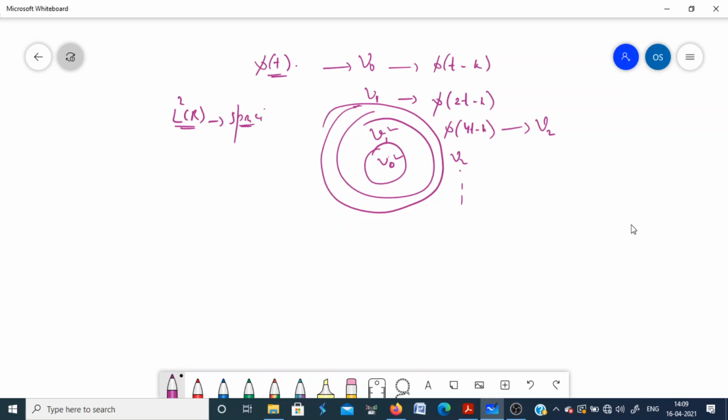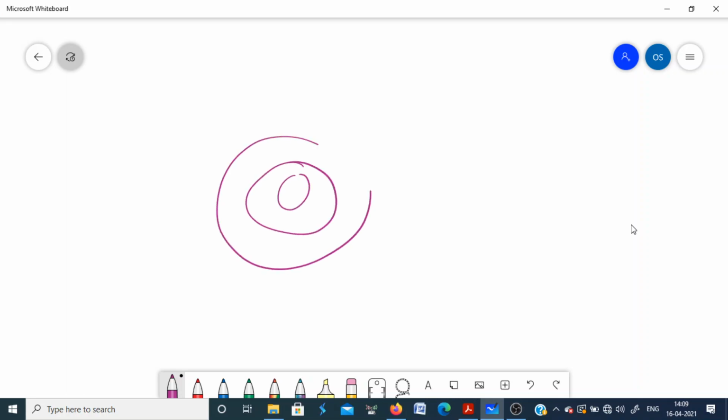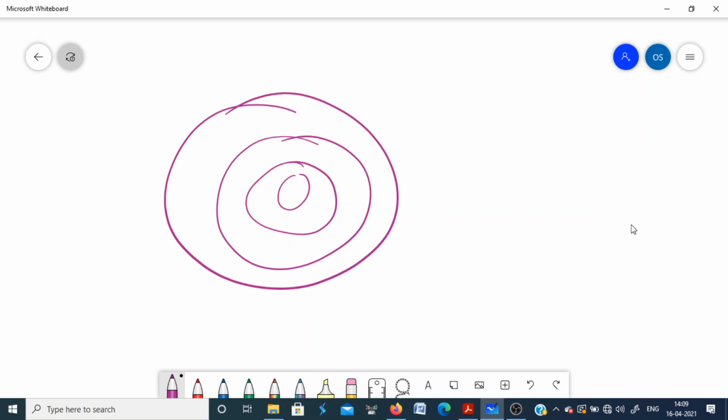Then we introduce another function which is called a wavelet. What does this wavelet do? You have a nested space, so this is the space of V0 and this is the space of V1.